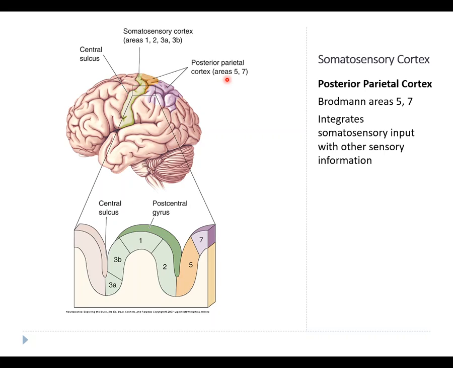So one of its jobs seems to be integrating somatosensory input from all those different modalities. And so its role seems to be in combining those together to create your perception of your body and the way your body is oriented in space.